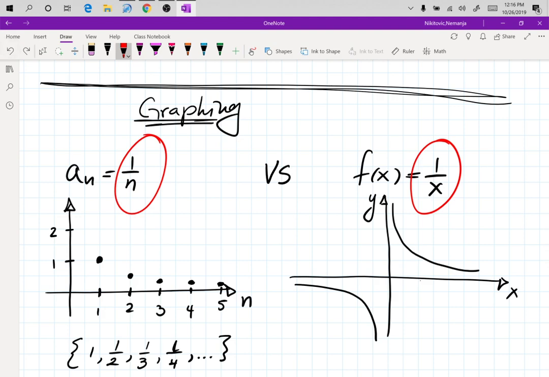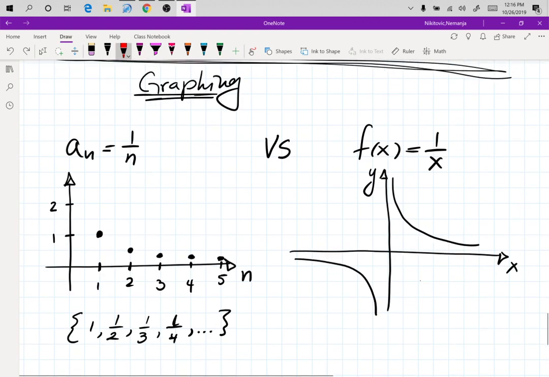But again, the difference between what you are learning now and what you know from before is that your new mathematics now is what we call discrete. Discrete meaning there's a dot, and then there's nothing going on.